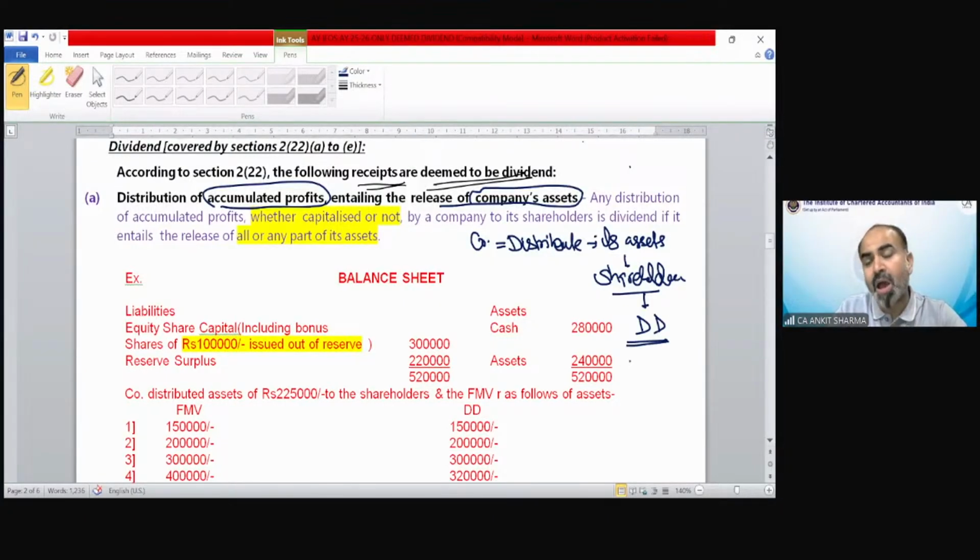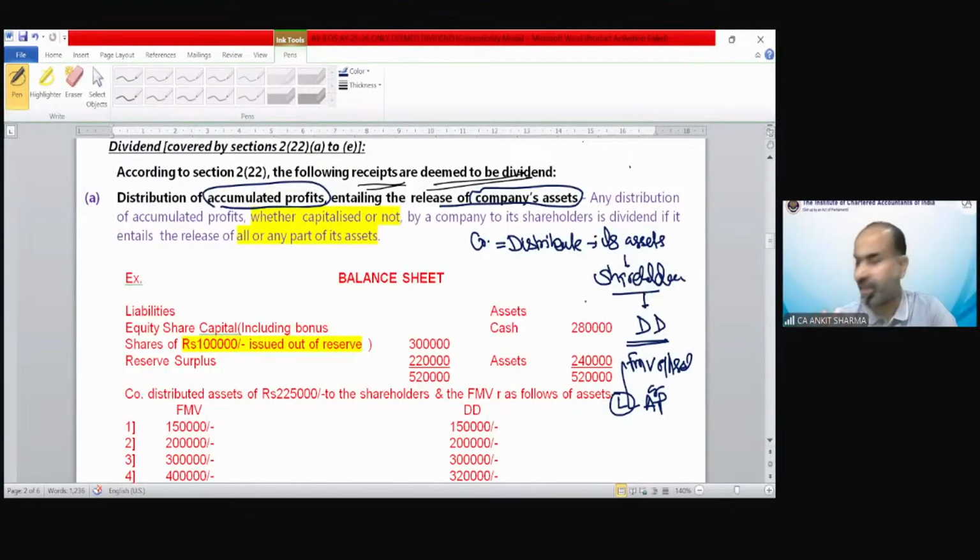Deemed dividend up to the FMV of asset or accumulated profit, whichever is lower. So what is going to be treated as my deemed dividend? The FMV of asset distributed by the company to the shareholder or accumulated profit, whichever is lower.